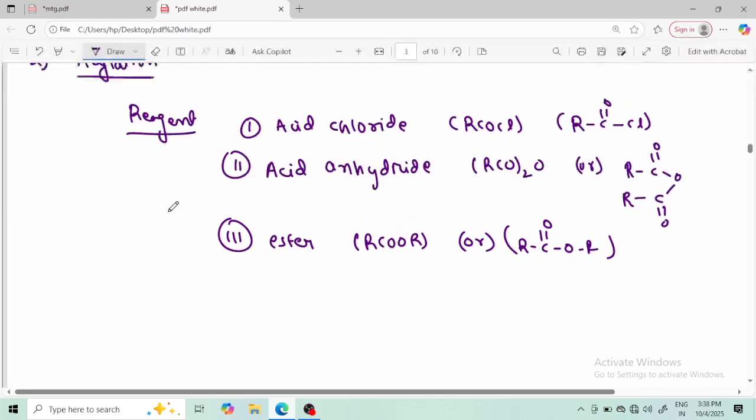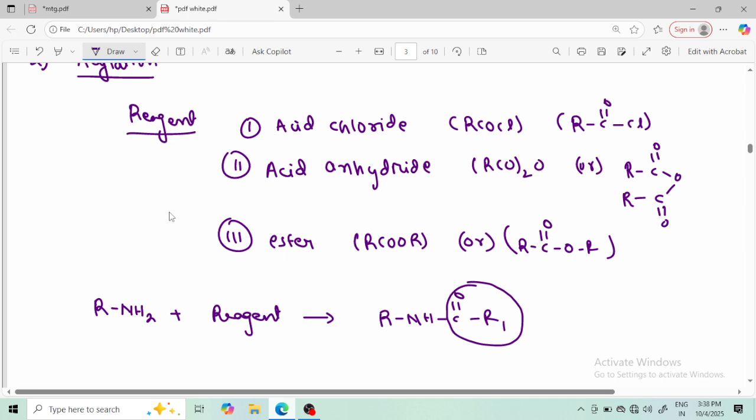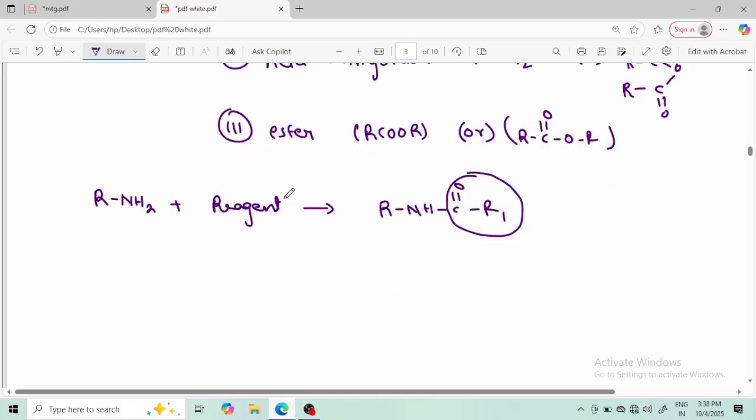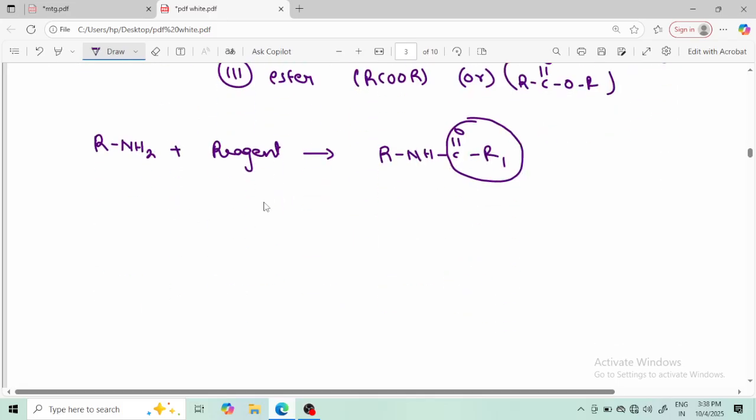So here what will happen, RNH will be there, and let's say any one of the reagents is given, and when it reacts, one of the hydrogens will be removed and then C double bond O and one more alkyl will be bonded. So how to get this circled part, I will explain now.